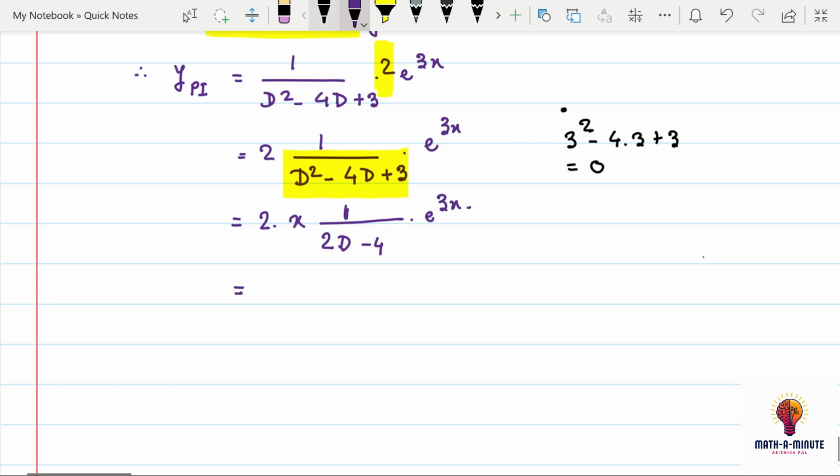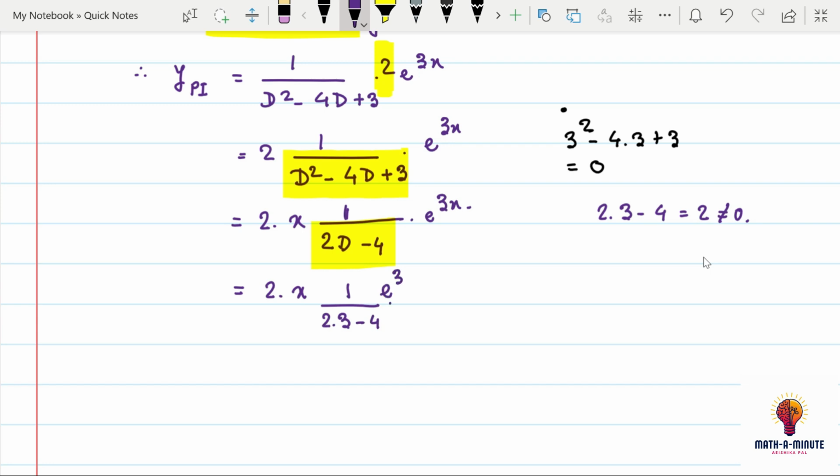Now we have to check whether this D operator is 0 if we put D equals 3. If we put 3 here, it will be 2 into 3 minus 4, so this is basically a non-zero value.